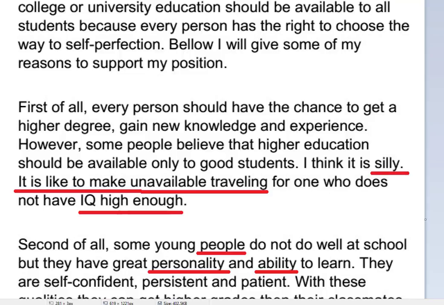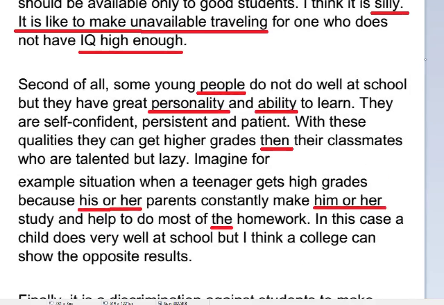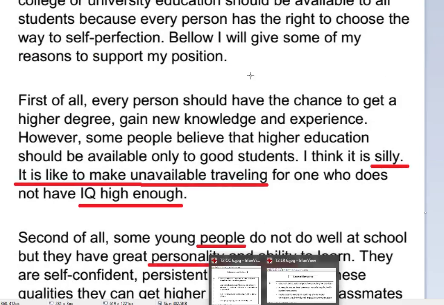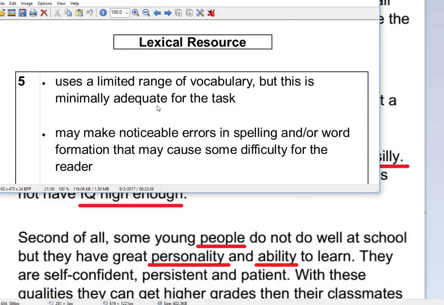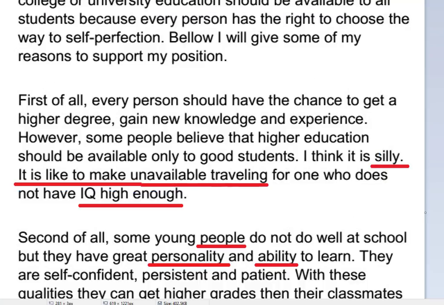There are some inaccuracies. Does it warrant a 5? Well, probably not a 5, because the range of vocabulary is not limited, and the errors don't cause difficulty for the reader. So 6 is probably a fair score for this, as far as vocabulary goes.